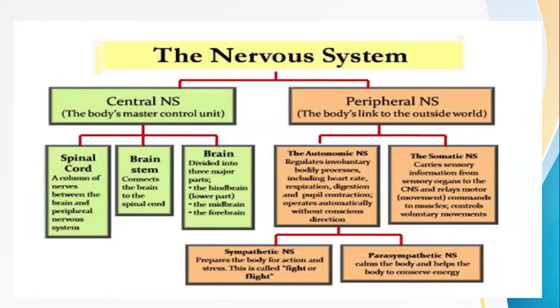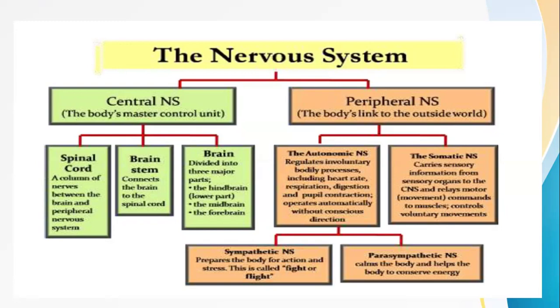Now, the autonomic nervous system also contains two main categories or subdivisions. There's the sympathetic nervous system, whereby it prepares the body for action and stress. This is called the fight or flight. So this is the first component of the autonomic nervous system.